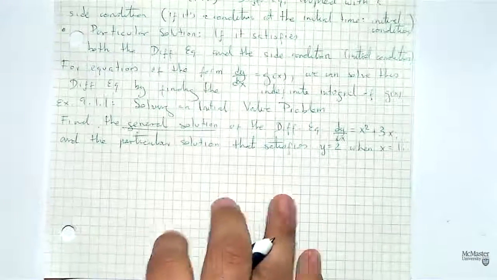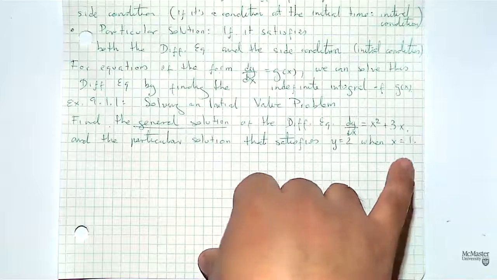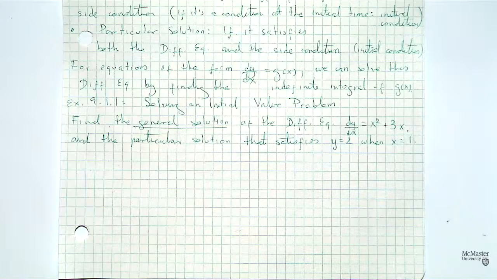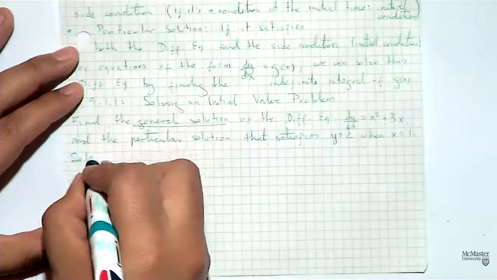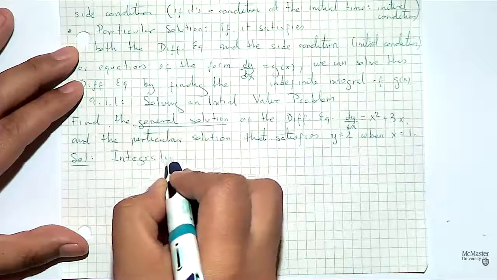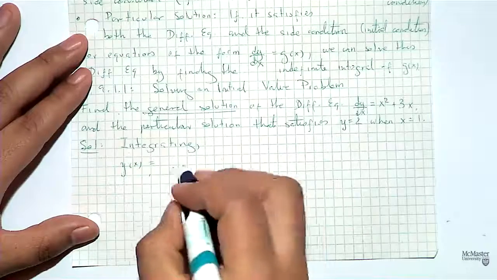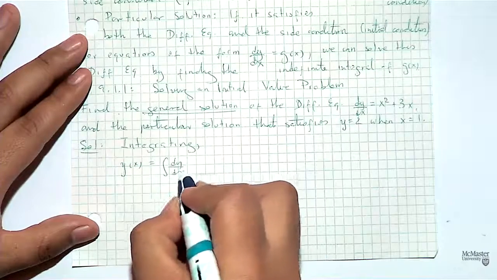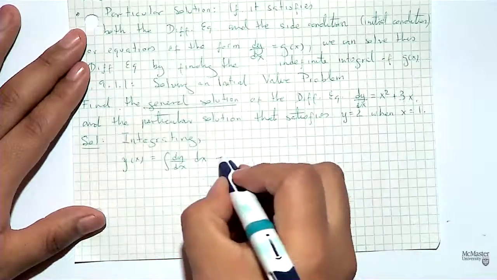Okay. At this point, I'm not calling it initial condition because I don't have the interpretation of x as a time. It's just a 1D variable. So the solution is, of course, obtained by integration. So integrating, what you have is that y of x, well, integral dy over dx, so the integral of the derivative, that is the fundamental theorem of calculus.